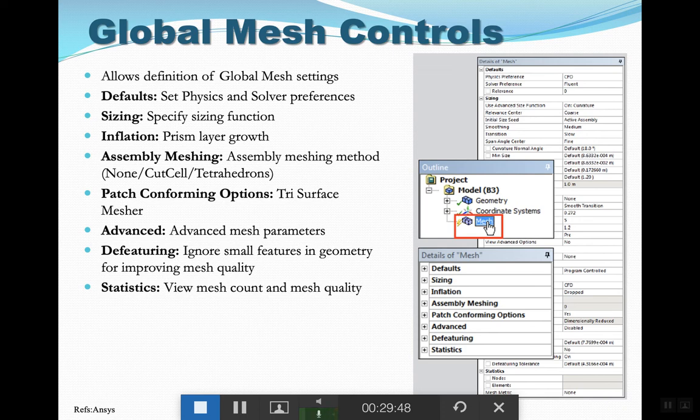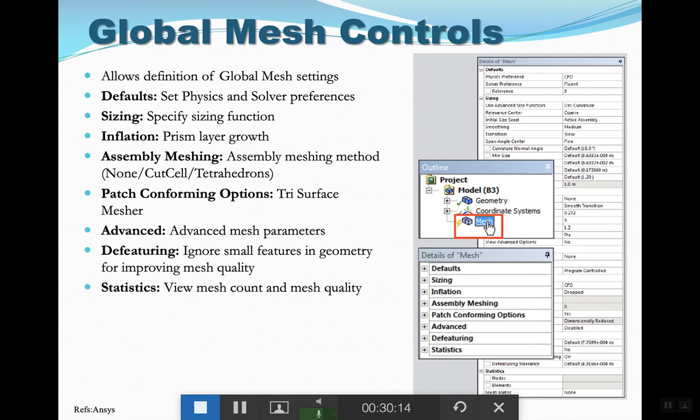Local settings are the settings that are applied to specific locations, specific surfaces, specific volumes that you determine. But the point is, local settings always precede global settings. So wherever you enforce local settings, in those specific areas, your local settings will overwrite your global settings.